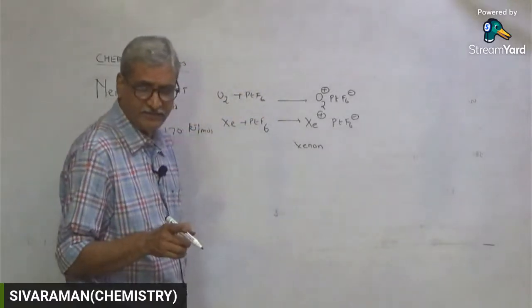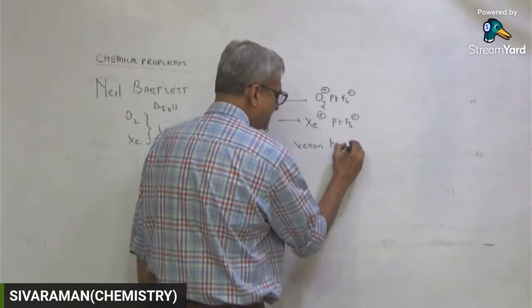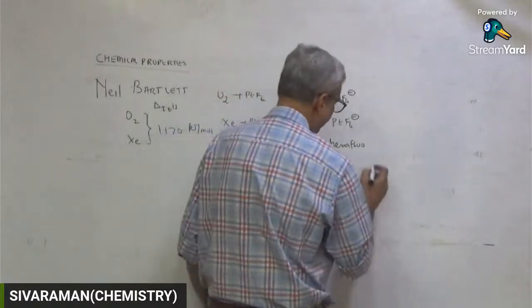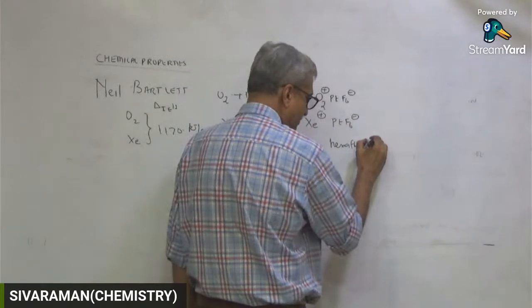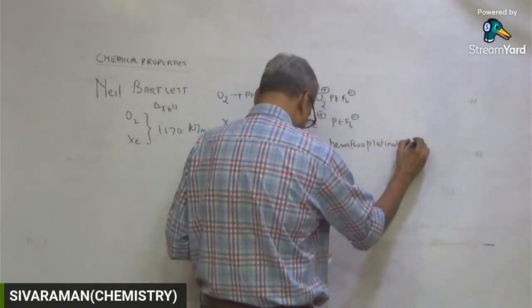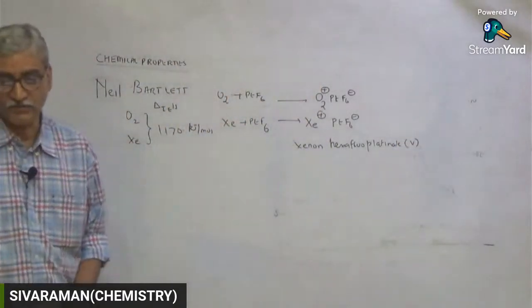Write down the name of the cation, then hexafluoro. Since this was a negatively charged complex, it is platinate, and then its oxidation number is 5. So this compound was formed.